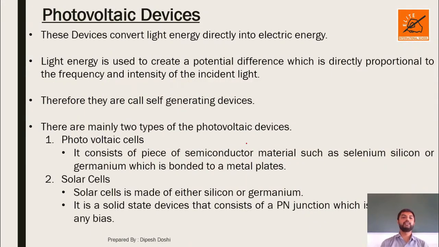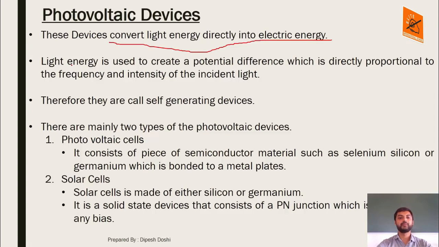The third one is photovoltaic devices. So what do photovoltaic devices do? A photovoltaic device does a simple job, and that is the conversion of light energy into electric energy.